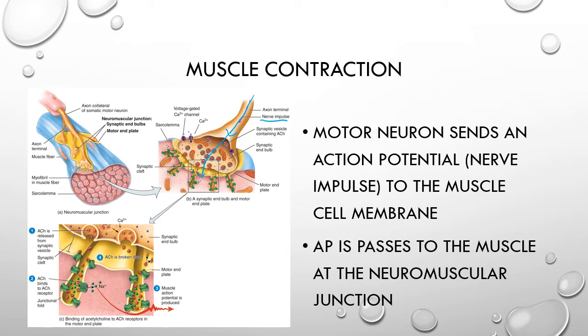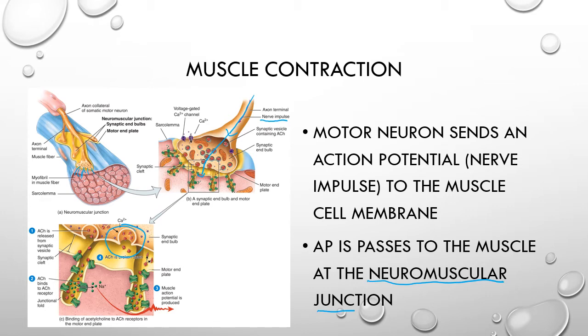That electrical potential, in a sense, is going to jump from the one cell to the next. But it's not going to simply pass through, like having two wires touch one another and the electricity just crosses over. We're going to have to utilize a process where we release a chemical, our neurotransmitter, from the neuron over to the muscle. Where this happens is what we call the neuromuscular junction.